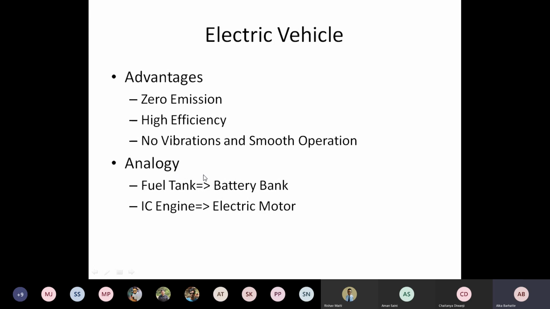How can we relate the conventional vehicle to the electric vehicle? This is the analogy in simple words. If we compare electric vehicles with conventional vehicles, the fuel tank can be replaced by the battery bank.